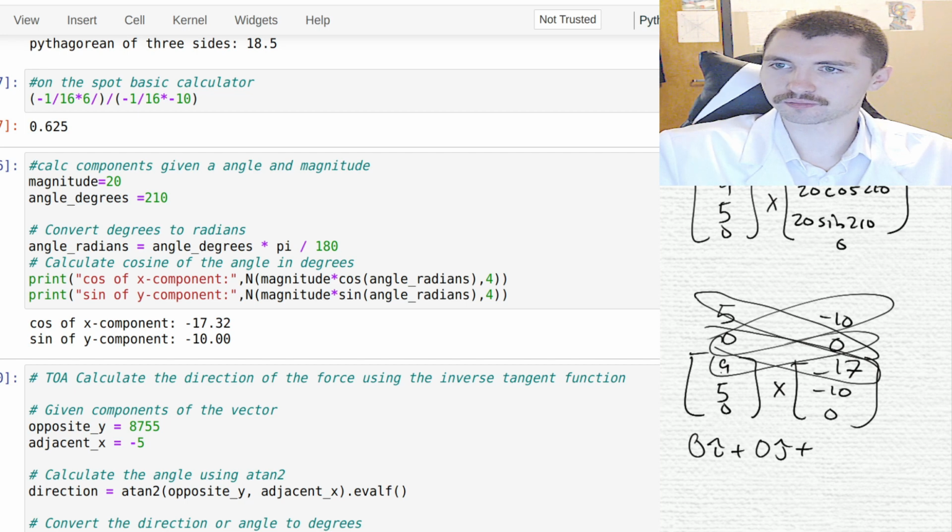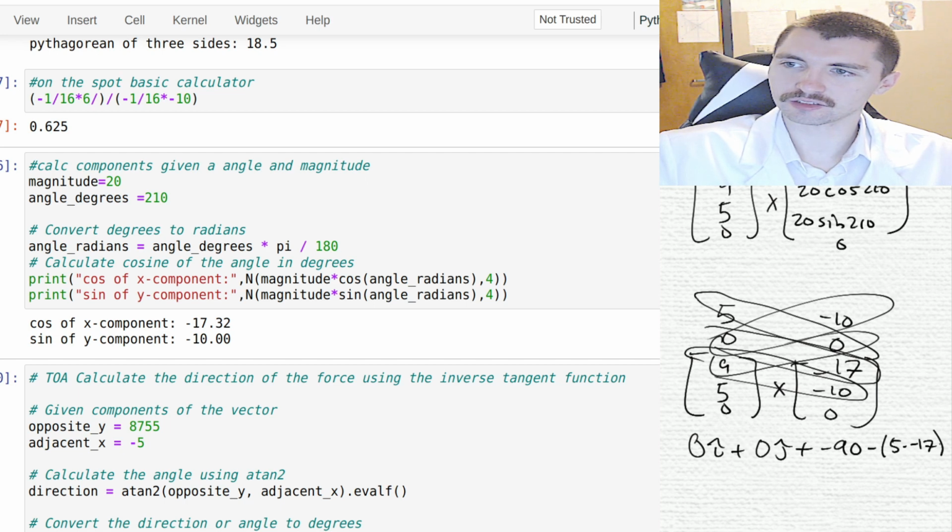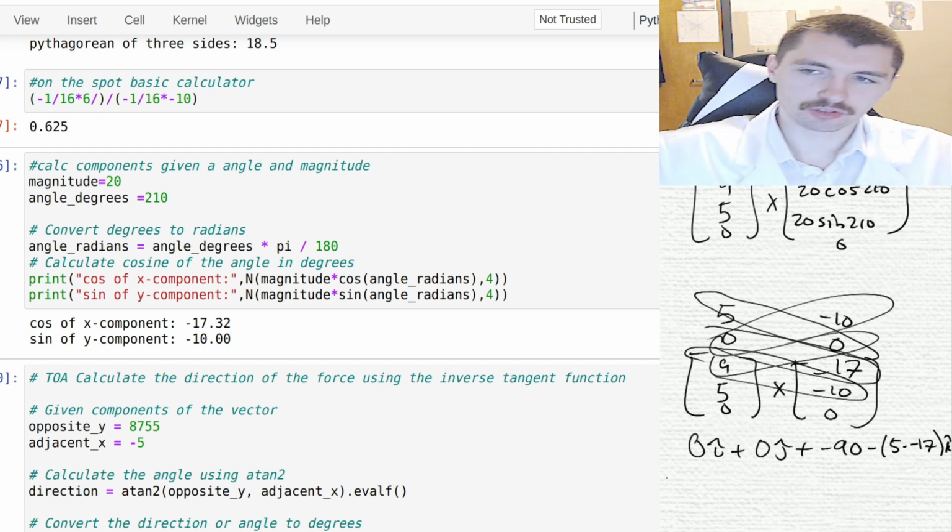So we'll have negative 90 minus 5 times negative 17.